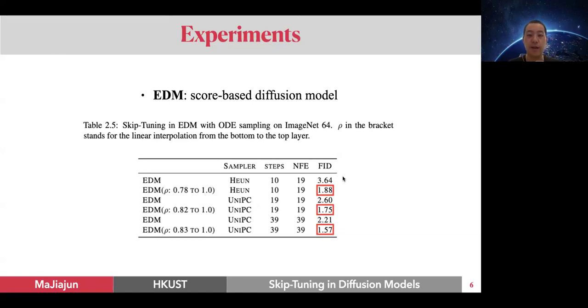And we can see the FID improved by nearly 100%. That is quite significant, and such improvement persists if we increase the sampling steps or change to different sampler methods.